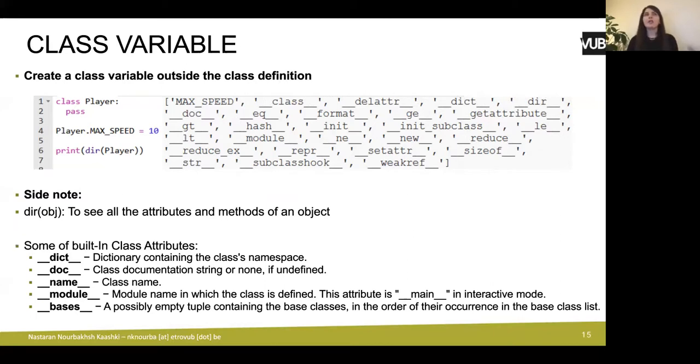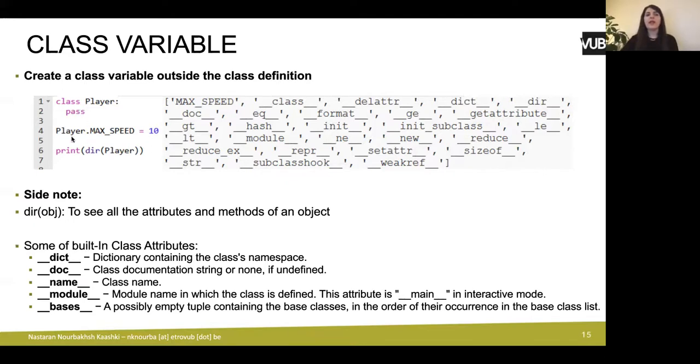So to see the built-in functions and all the other attributes and methods that you define yourselves from an object, you can just use this function dir over the name of that object, to see all the attributes and methods of an object, either you defined them or they are built-in. Then the whole list will be shown here.